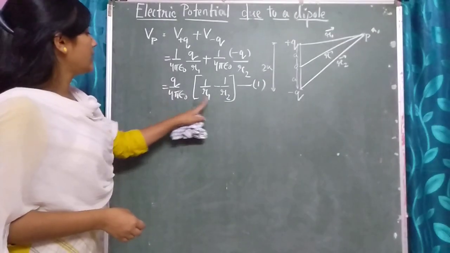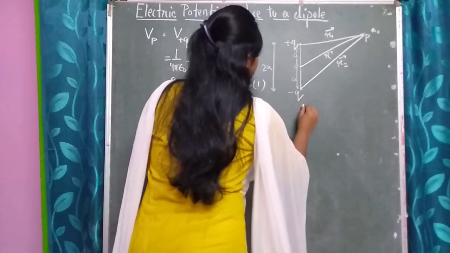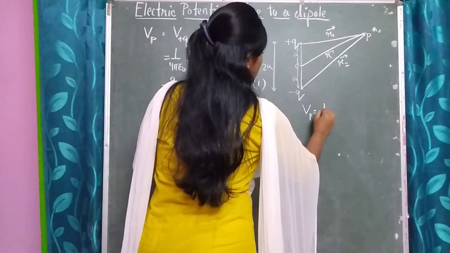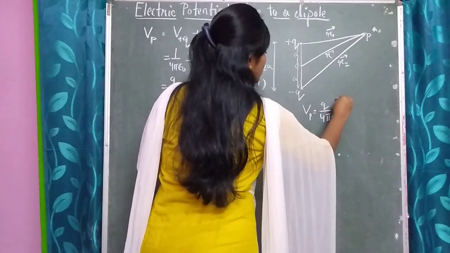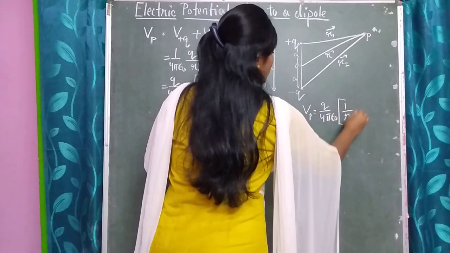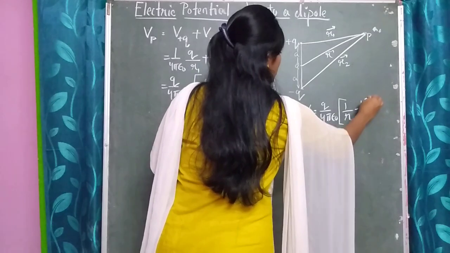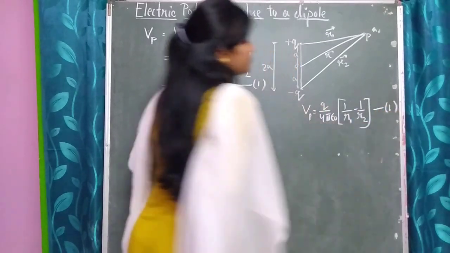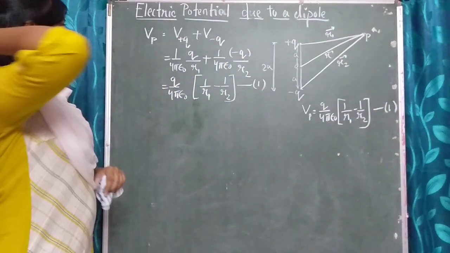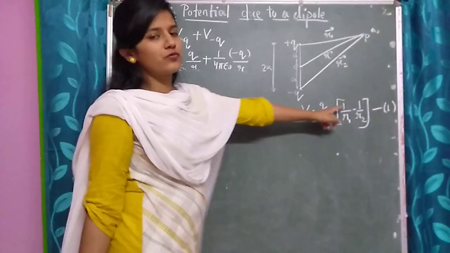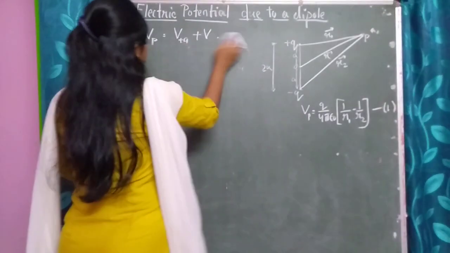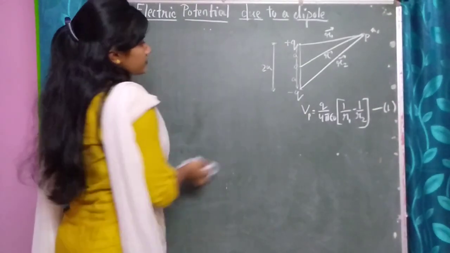So now I will write this equation here: V at P is equal to q by 4 pi epsilon naught times 1 by R1 minus 1 by R2, as my equation 1. Now let us find out what 1 by R1 and 1 by R2 are.